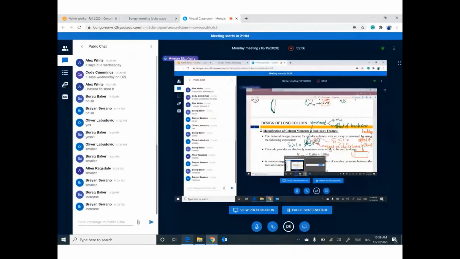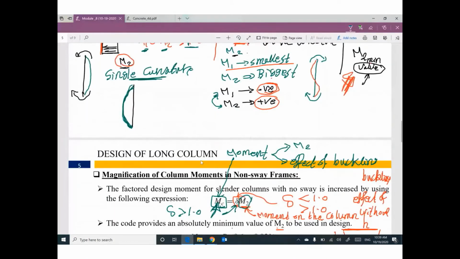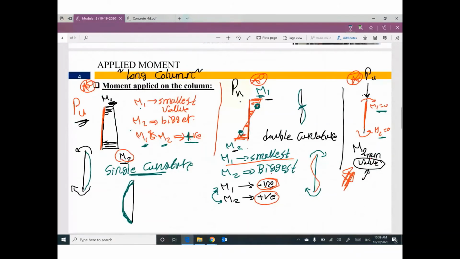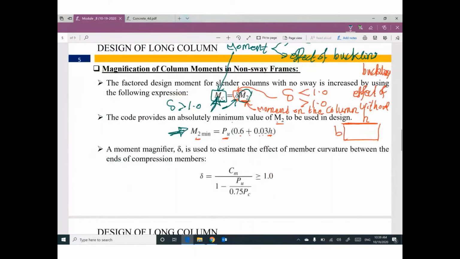If you have a column without any moment, ACI says we still have to consider a moment. So we have M minimum, which equals this value as a function of the applied load, P ultimate. Okay, what is the value of delta? Delta equals Cm divided by 1 minus P ultimate divided by 0.75 P critical.